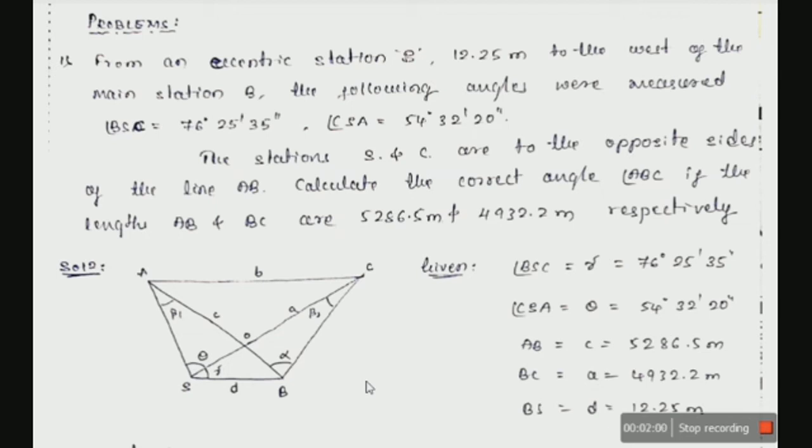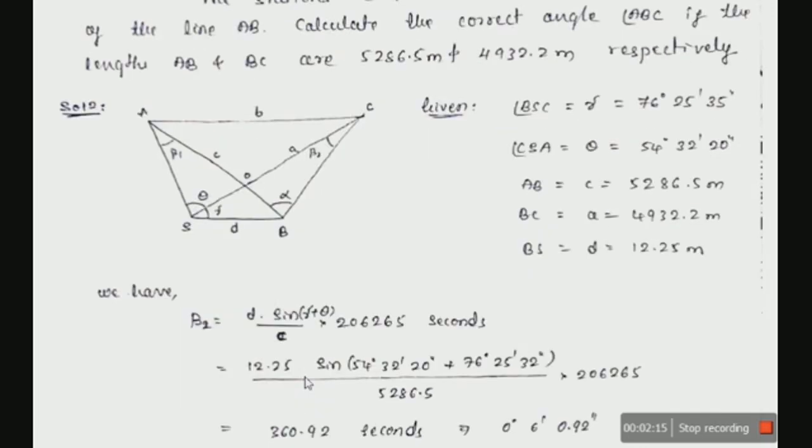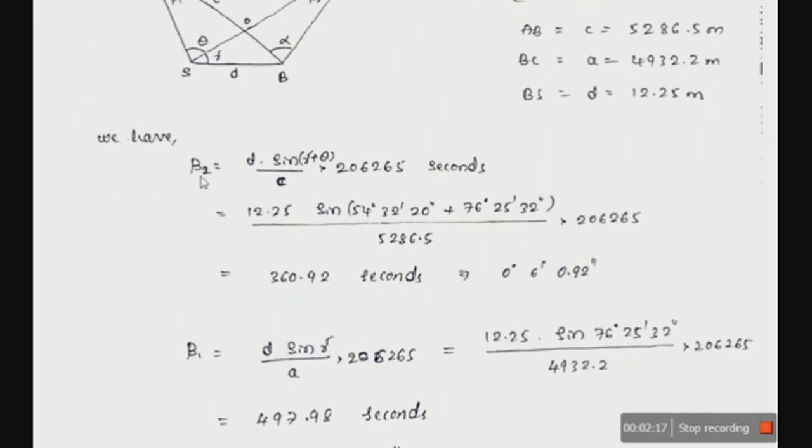Then later we have to find out the alpha value. Here, the same formula from the derivations will be applied for beta 1 and beta 2 because we know the distance of this one and this one. So beta 1 or beta 2 is equal to, the formula will be d into sine gamma plus theta divided by c multiplied by this constant.